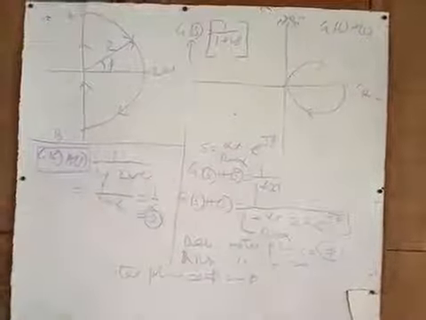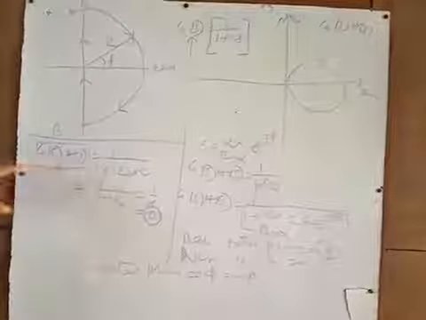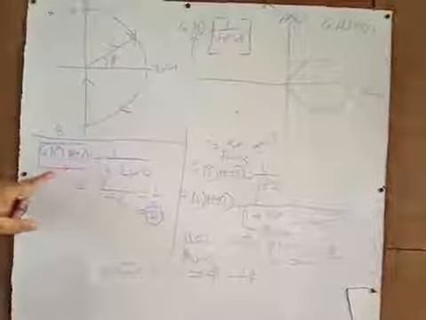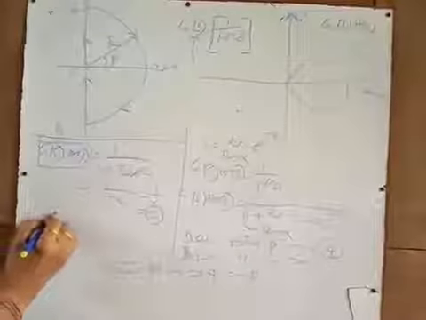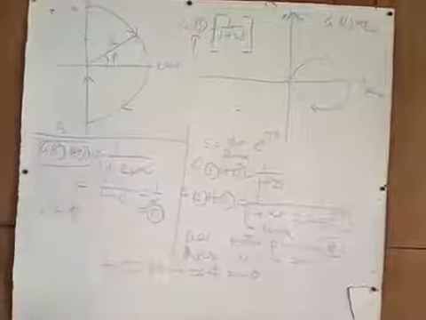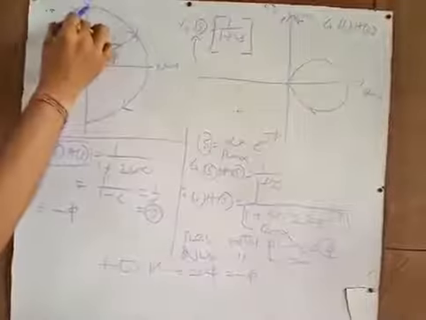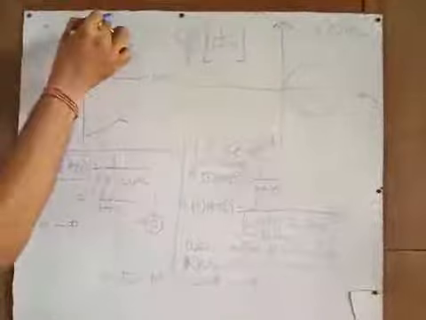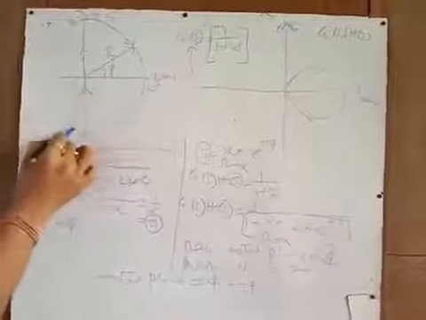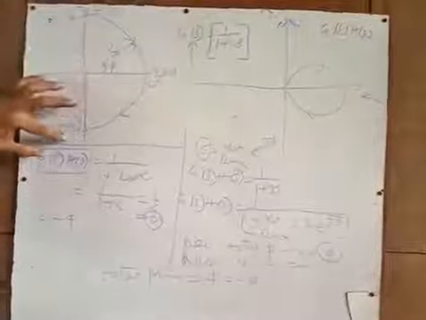Now what about phase? The phase of this system G(s)H(s) is equal to minus phi, and in the s plane, the phase varies from plus 90 degrees to 0 degrees to minus 90 degrees.